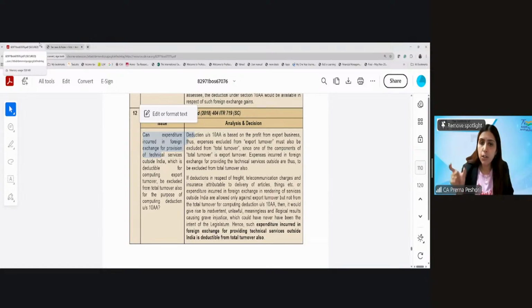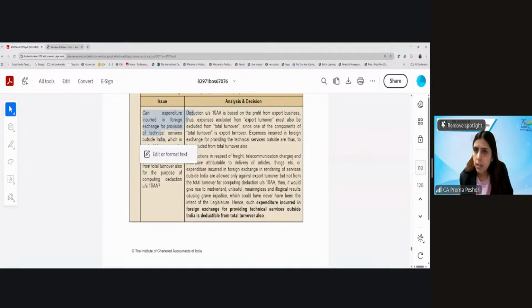So expenses incurred in foreign exchange for providing technical services outside India are to be excluded not only from the export turnover. If you exclude it from the numerator, you have to also exclude it from the denominator. Otherwise, the result will not be consistent. Clear, students? Fine.